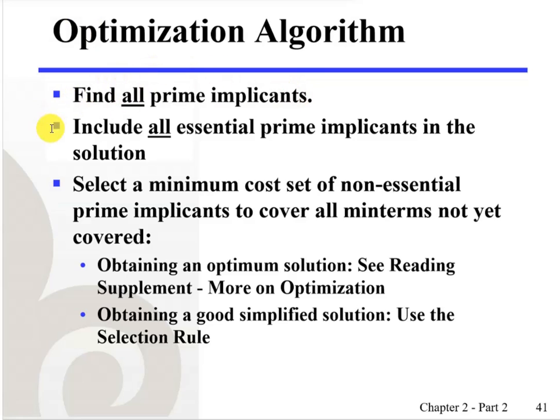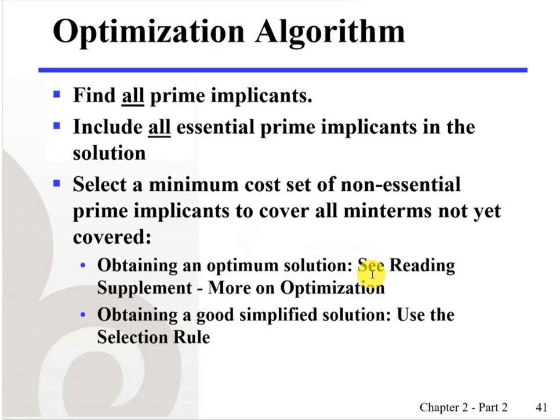Second, we include all essential prime implicants in the solution, and then we can select the minimum cost set of non-essential prime implicants to cover all minterms which are not covered yet. Then we can have two different solutions.